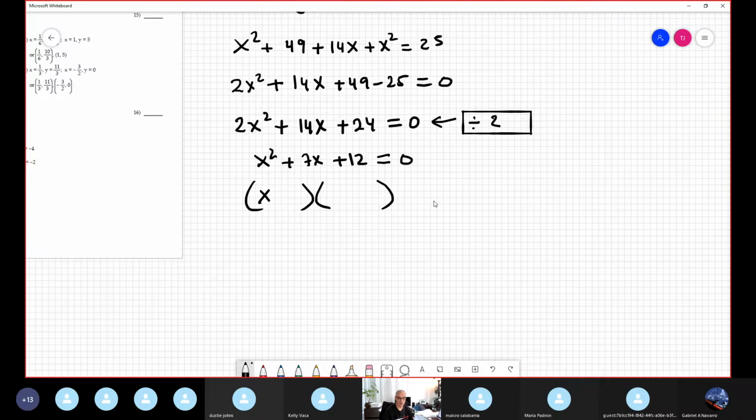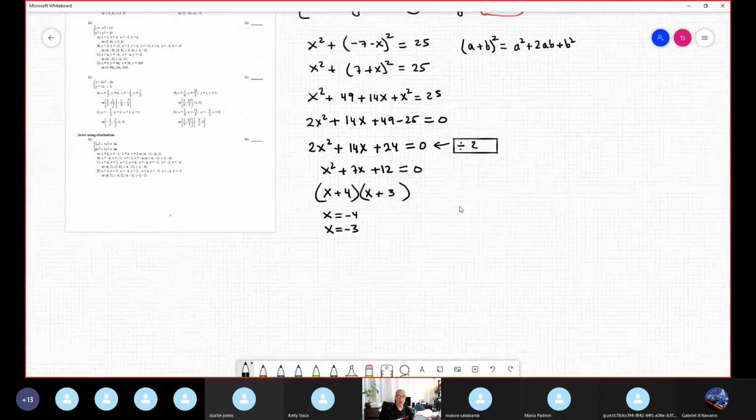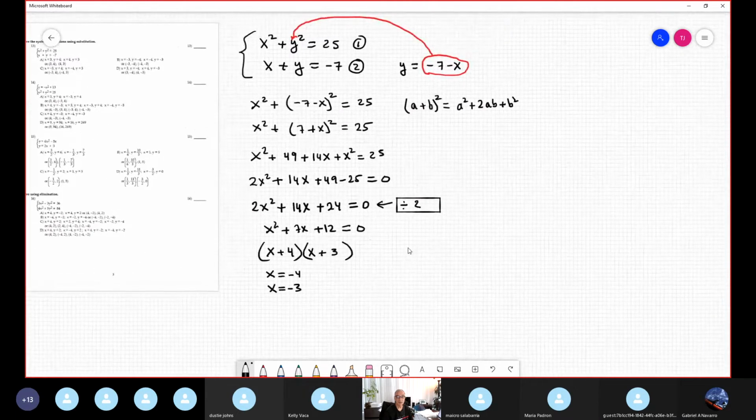It is 4 and 3, because 4 times 3 is 12 and 4 plus 3 is 7. One solution is x equals -4, another solution is x equals -3. But one by one, you organize your work. You plug it into the y expression that I have here in red.